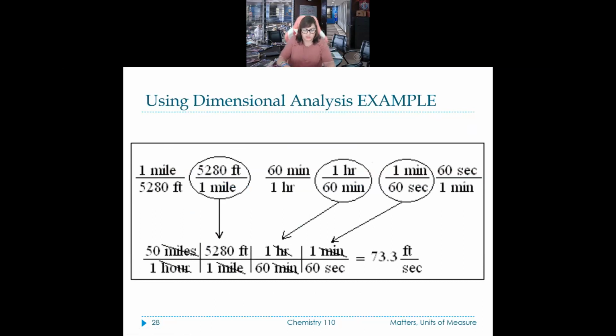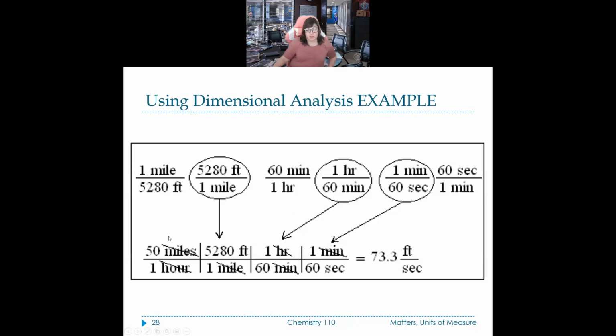Well, this first row is all conversion factors. I have the number of feet in a mile, both as miles per feet and feet per mile, minutes per hour and hours per minute, minutes per second and seconds per minute. If I want to go from miles per hour to feet per second, then I have to start from miles per hour and convert.